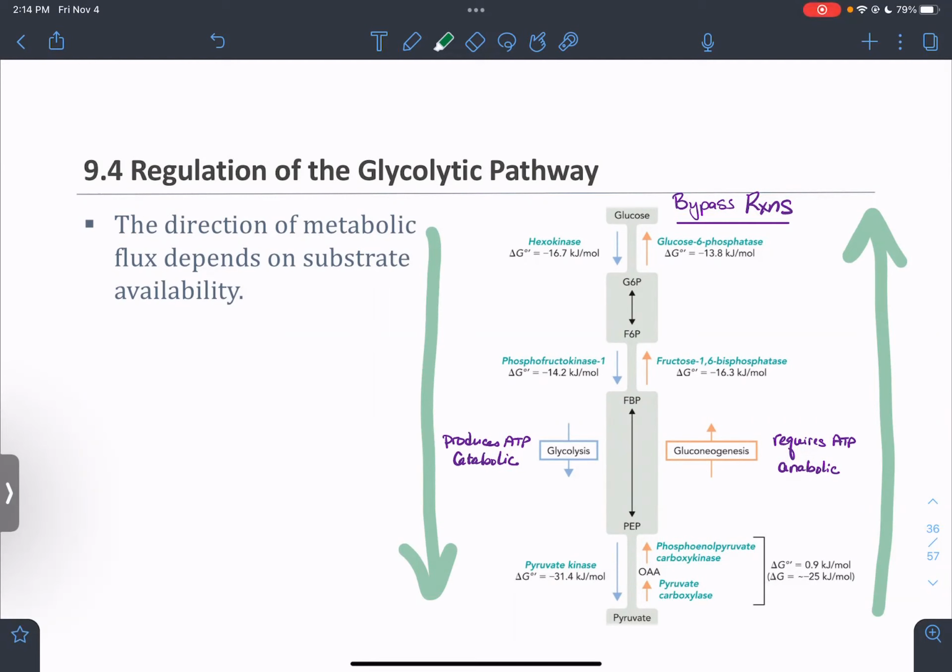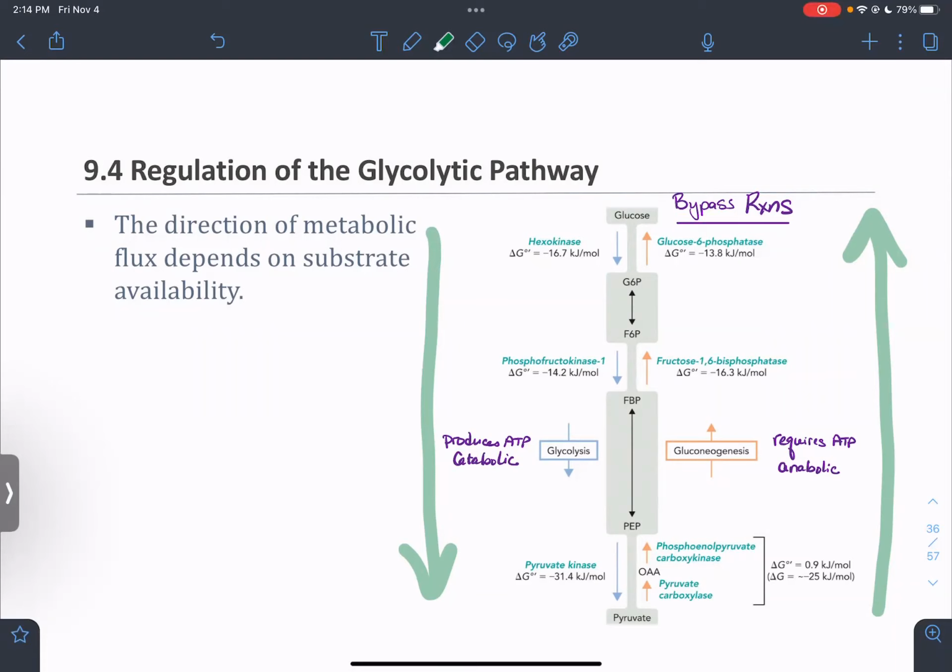So we know that the direction of flux of our metabolic pathway is really a lot dependent upon substrate availability. So when are we going to make pyruvate? When are we going to go through glycolysis and break down glucose to make pyruvate? When we eat a lot of sugar.